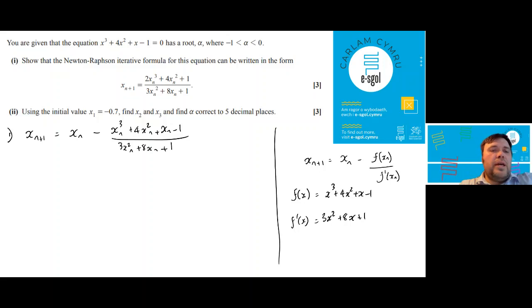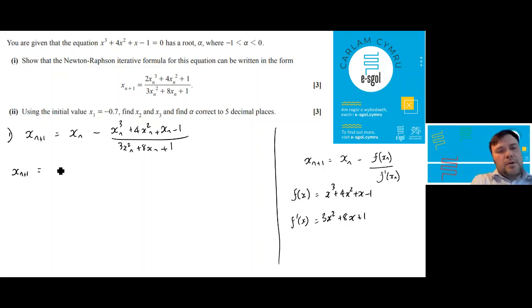What I really need to do is write this x_n as a fraction so that I can combine the two. The only way I can do that is to multiply top and bottom by the denominator on the other side, which is 3x squared plus 8x plus 1.